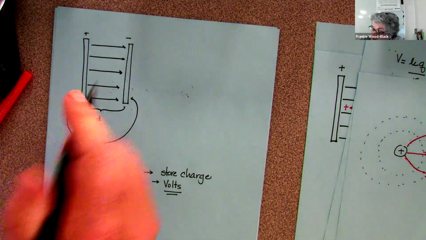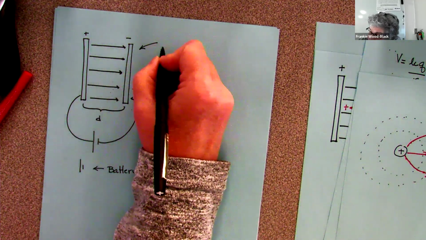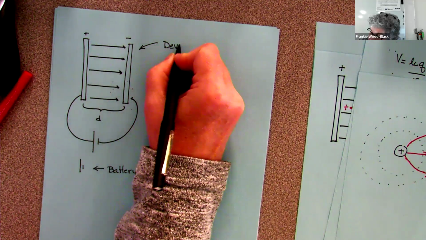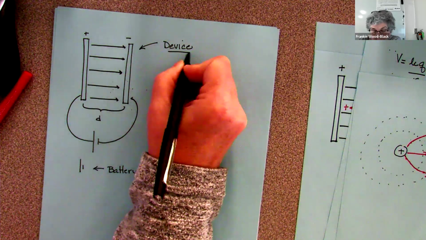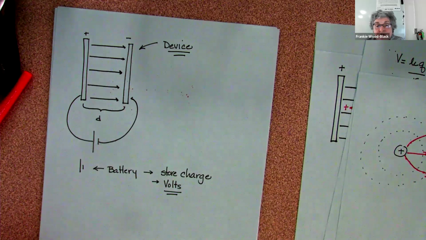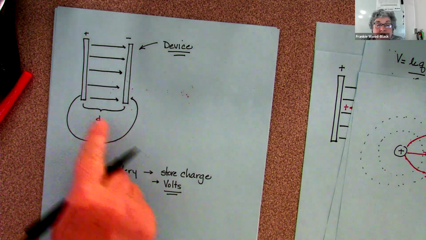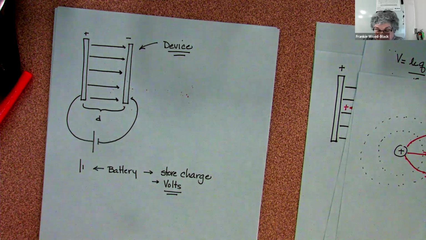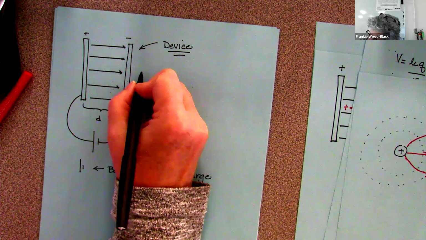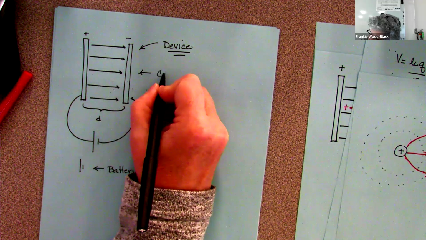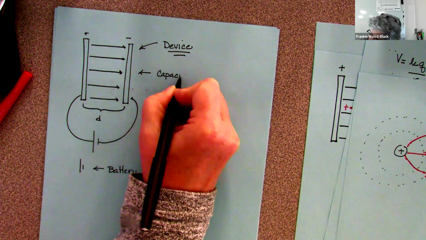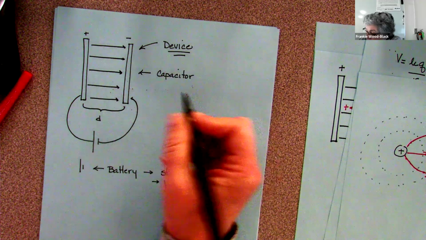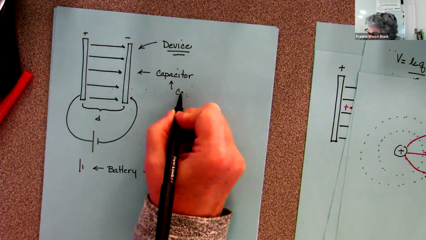Well, if I do this, I have a device. All right, that's a device. And this device also can store charge. And we are going to define this device as a capacitor. And a capacitor has capacitance.